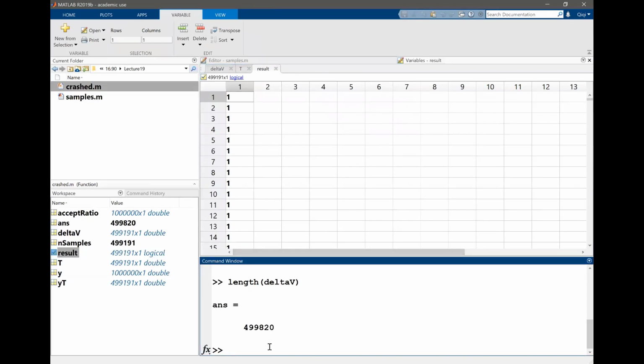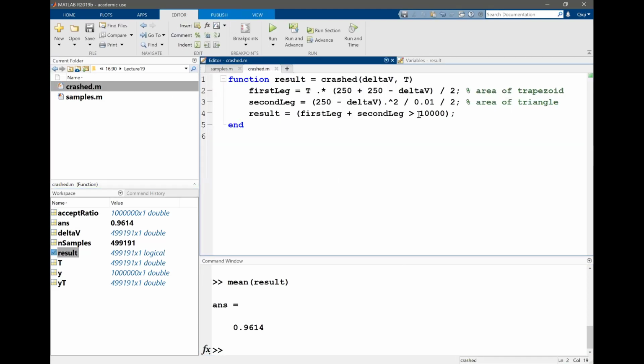If we take the mean of the result, it's essentially the proportion of the result that are 1. So we see a 96% probability of crashing, which is probably too large. That means we probably want to increase the initial distance from 10 kilometers, for example, to 15 kilometers.